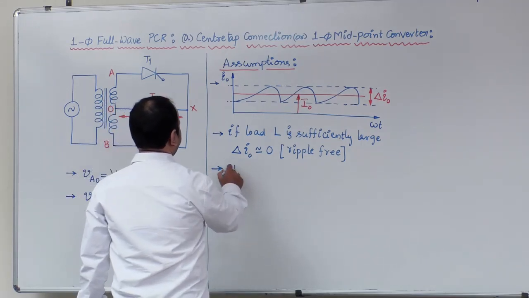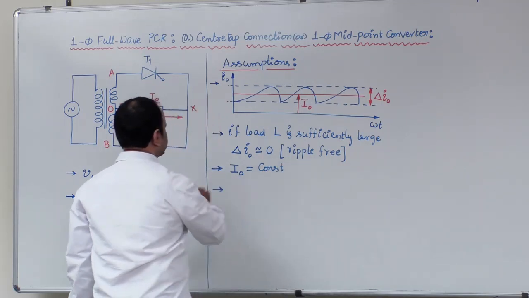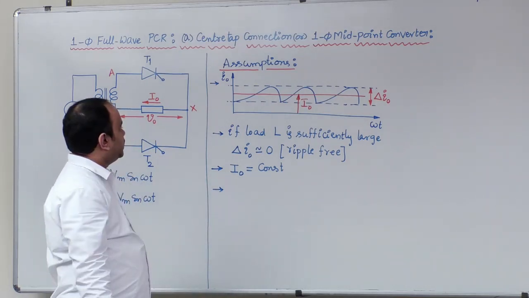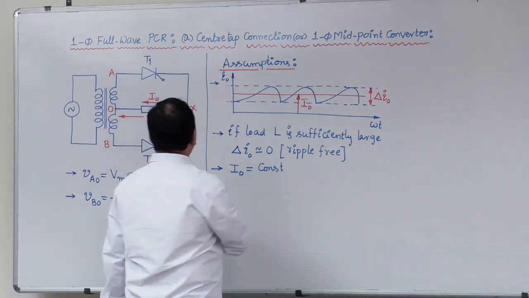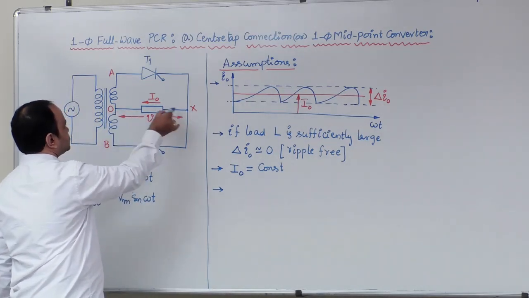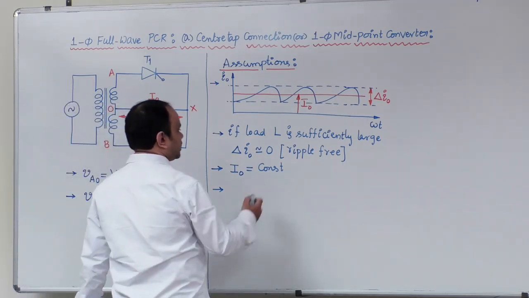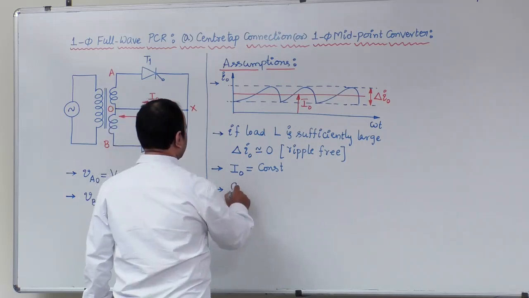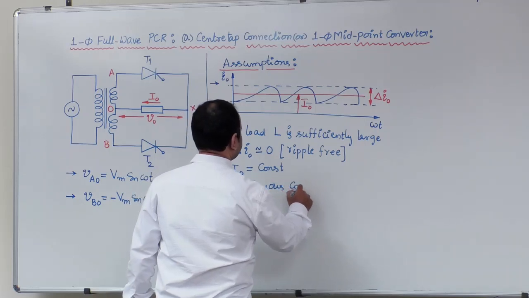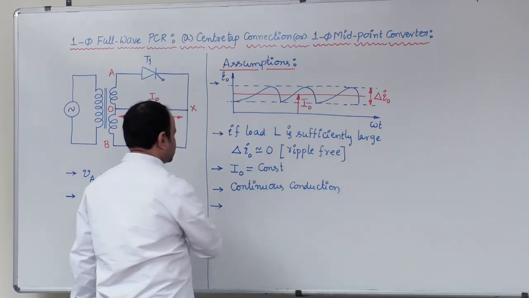Under those conditions, we can write that the output current is constant. As the output current is constant, look into the circuit diagram, the load current will always flow. That means the load current will flow continuously. So in such cases, we can say that the circuit is operating with continuous conduction.